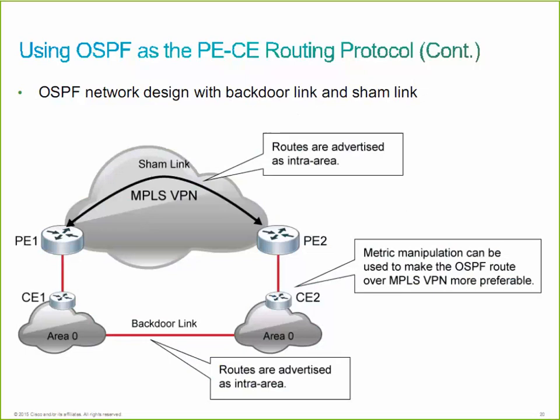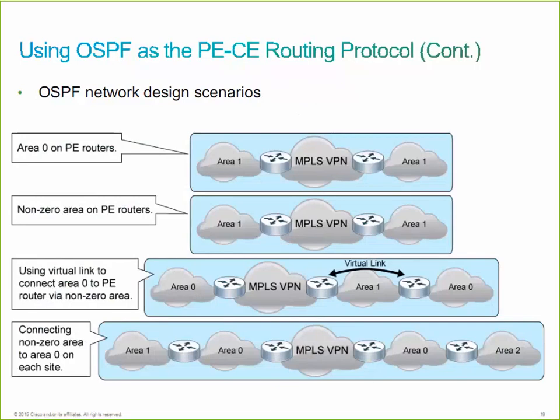Remember, those PE routers are acting as ABRs. Even if we have the same area on both sides, we still see those routes as inter-area routes as opposed to intra-area routes.